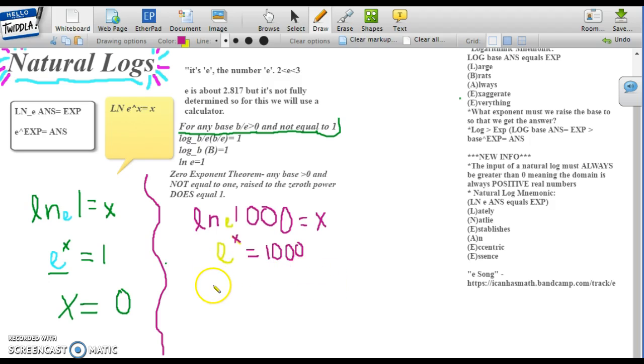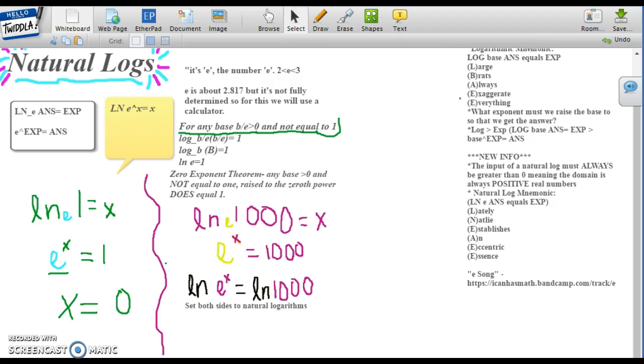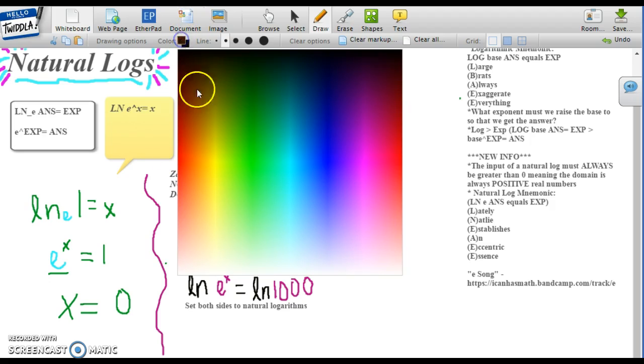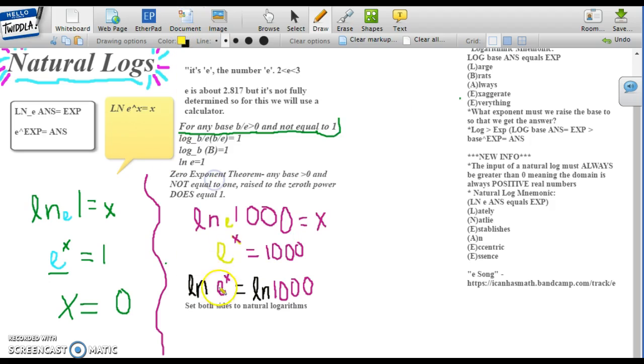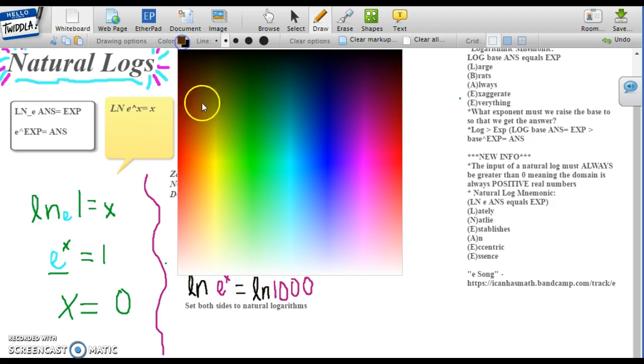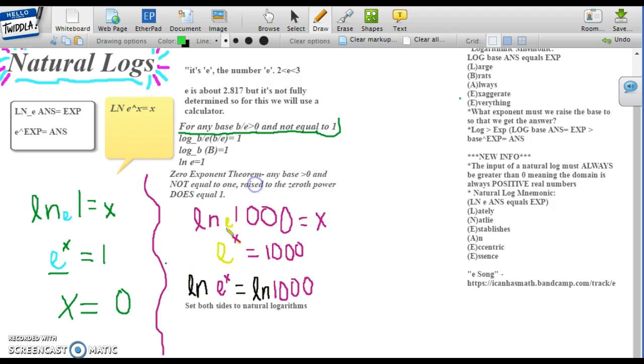So you can try solving this the same way you would do a common log or any other log, which is basically turning both sides into natural logarithms. After setting both sides to natural logarithms, you should have the natural log of e to the x equals the natural log of 1,000. Next thing you're going to do is bring down the x so that you can actually get x by itself to set it up to solve.